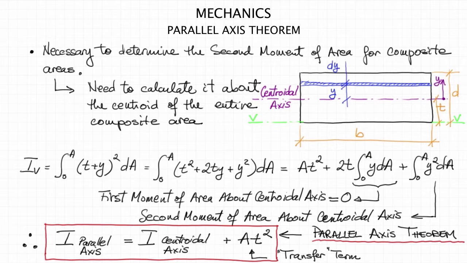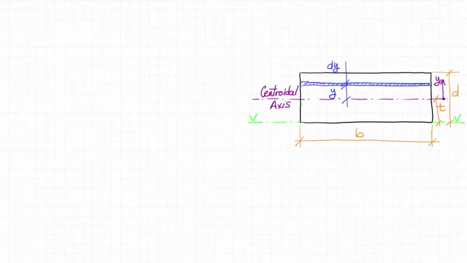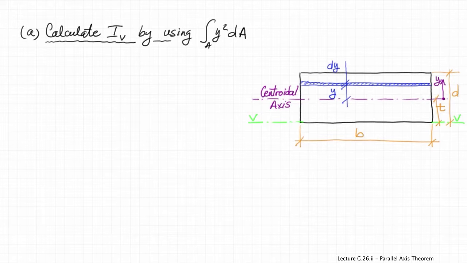So let's see how we can use this important expression in order to determine the moment of inertia about the v-axis. So first we will calculate Iv by using the definition of the second moment of area, so the integral over the area of y squared dA.